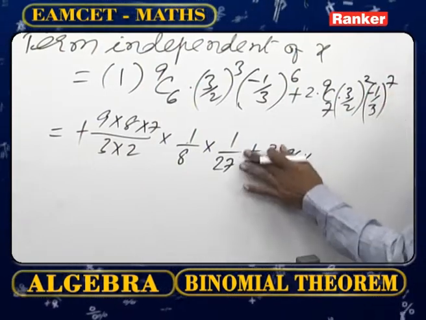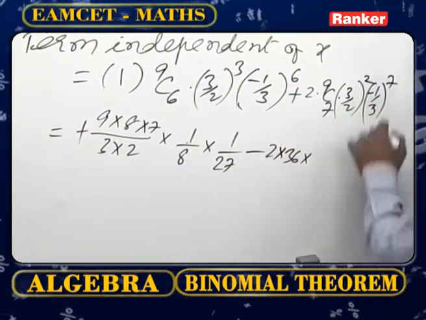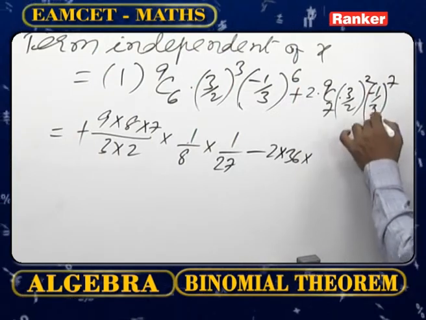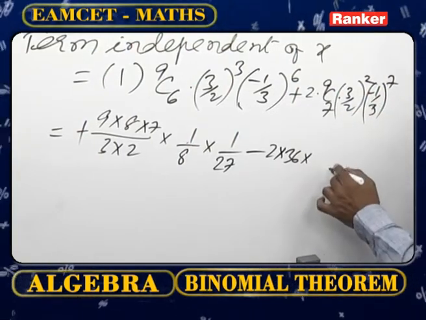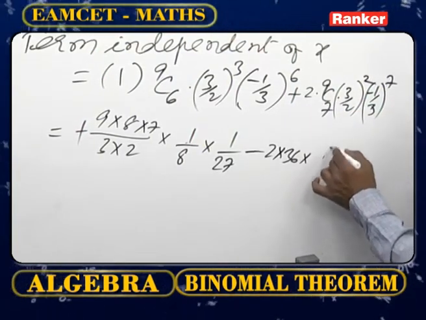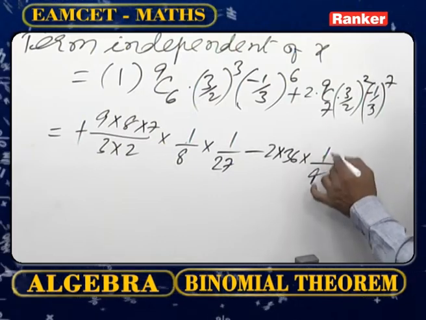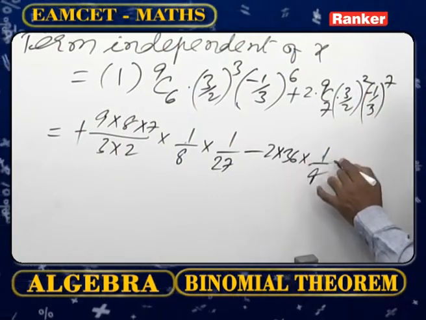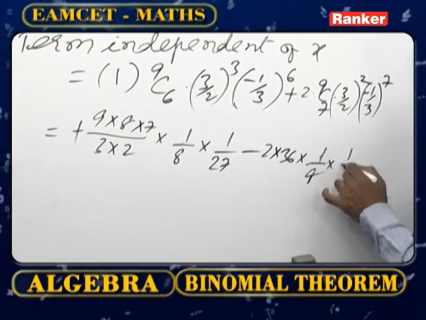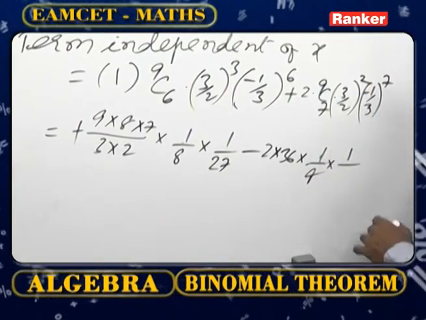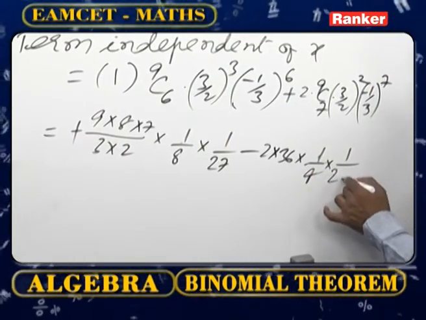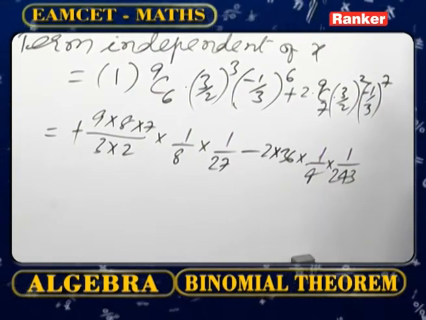This is minus only. So minus 1 upon 3 power 5 remains. So 1 upon 4 into 1 upon 3 power 5 is 9 into 9, 81 into 3. 81 into 3 is 243.